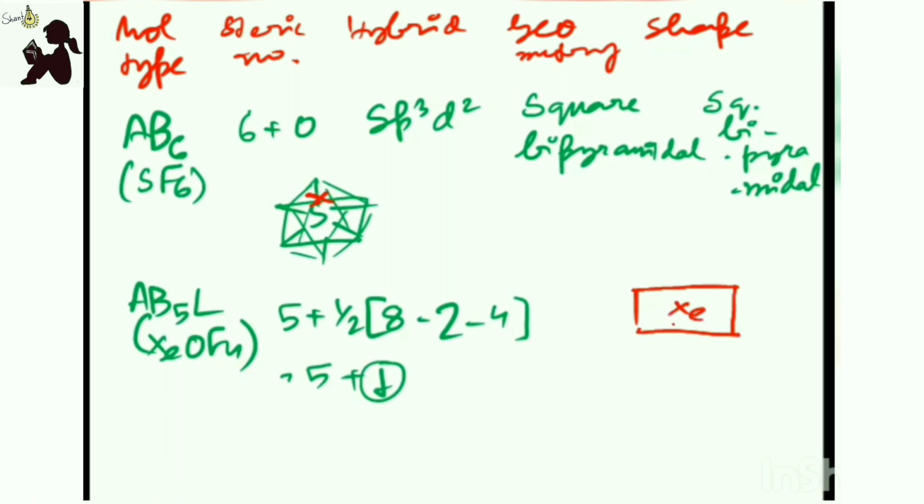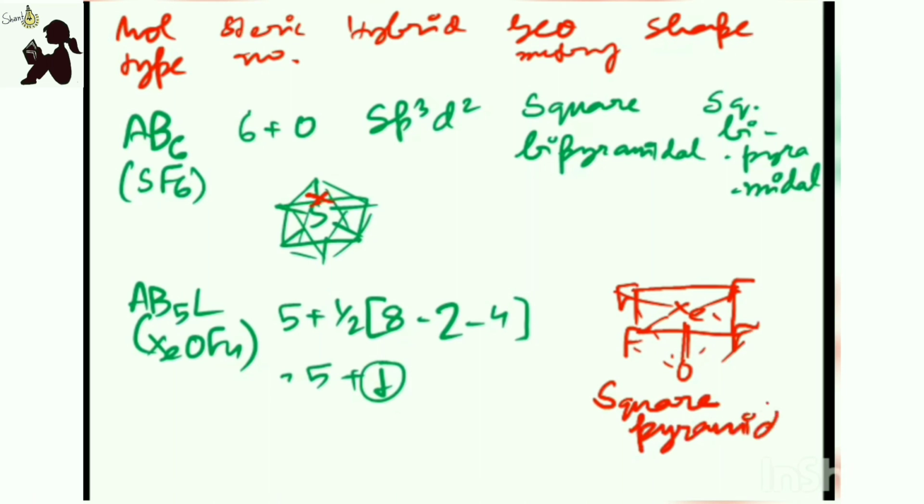It will be XeOF4, just like this. So it is also square pyramidal, but does it have two pyramids here? No, just one pyramid. So we are going to write it like that: square pyramidal only, not bipyramidal, because it has a lone pair here.